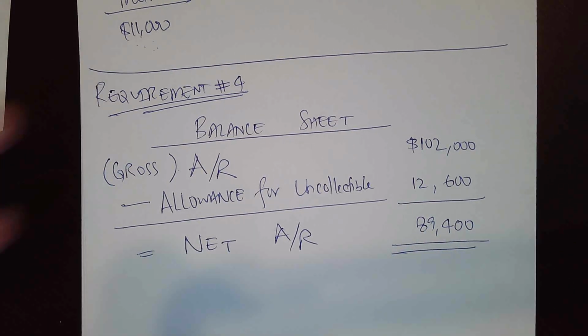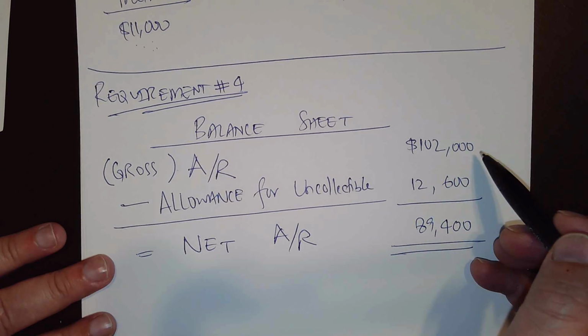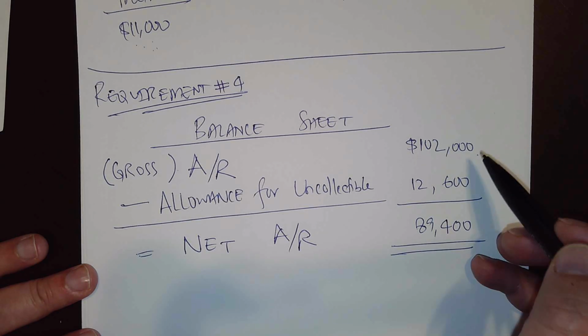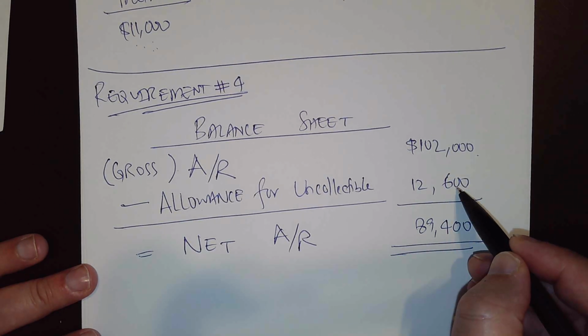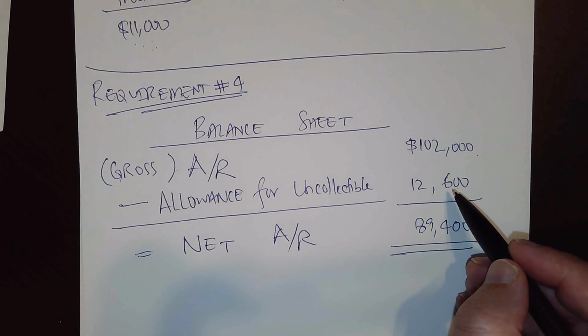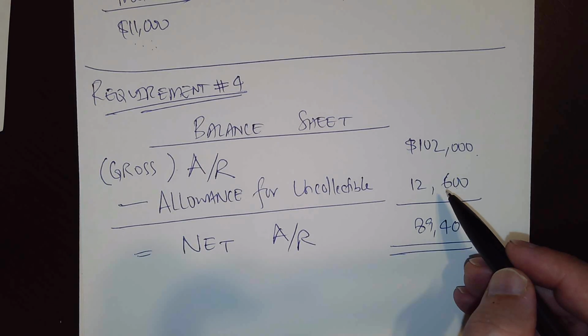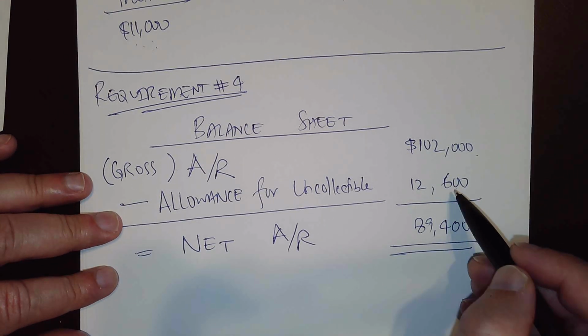What does this 89,400 mean? It means, based on our calculation, right now our customers owe us 102,000, and we believe that of the 12,600 allowance we have so far, based on January 1st to September 30th, we may not be able to collect 12,600.